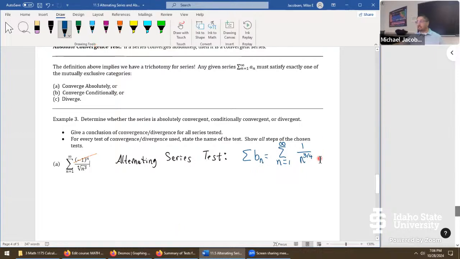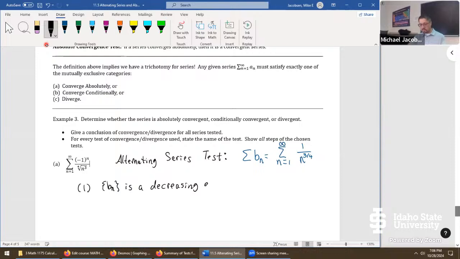So that's our related series. But in the alternating series test, we do 2 additional things after we define that new series. Step 1, we have to show or argue that Bn is a decreasing sequence.